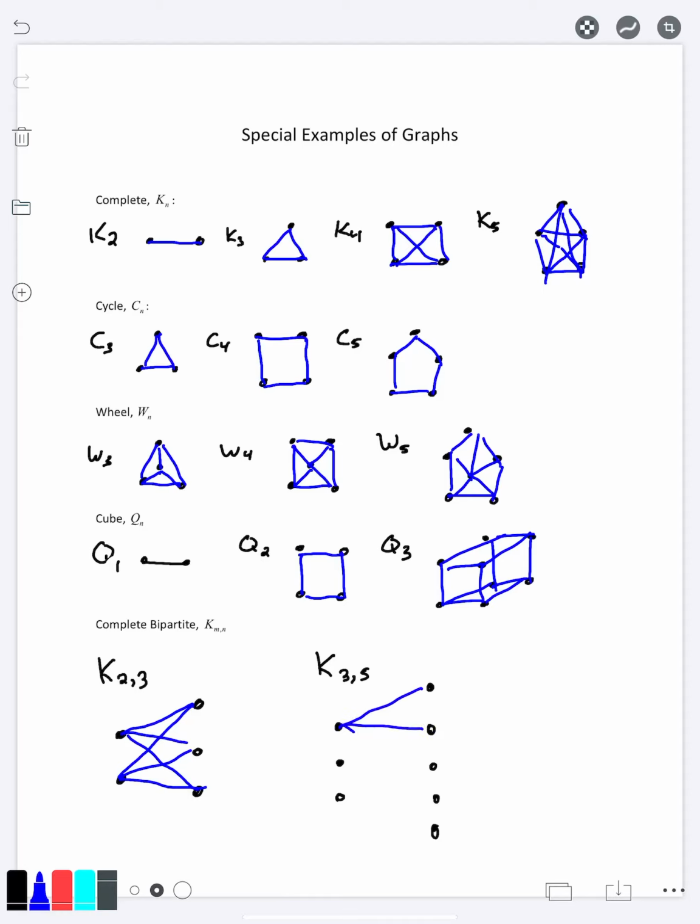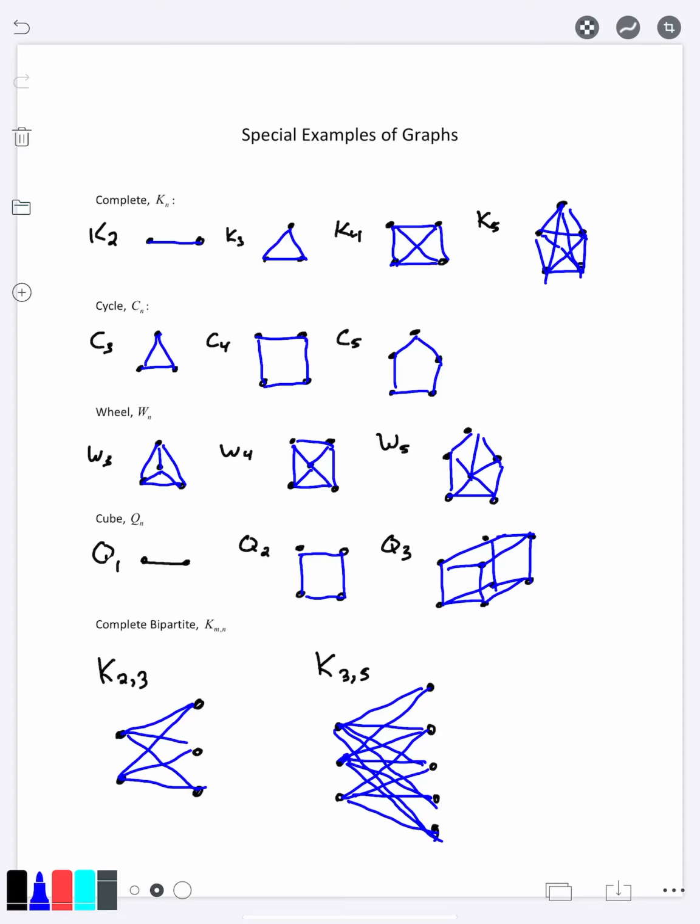And again, we want every possible connection between the two sides, but no connection that's wholly on one side, because if you did, it would not be bipartite. So something like this. So these are all the standard examples. I will be referencing them quite often in these videos. I really recommend you learn these examples and understand them completely.